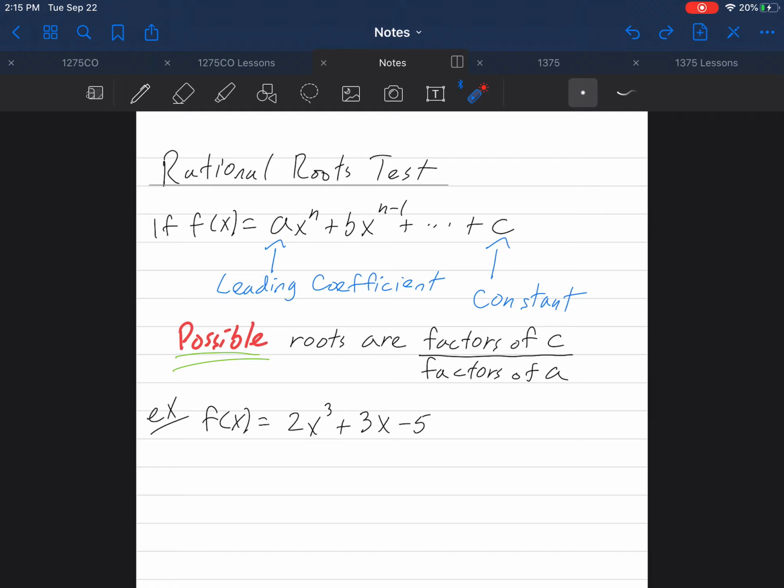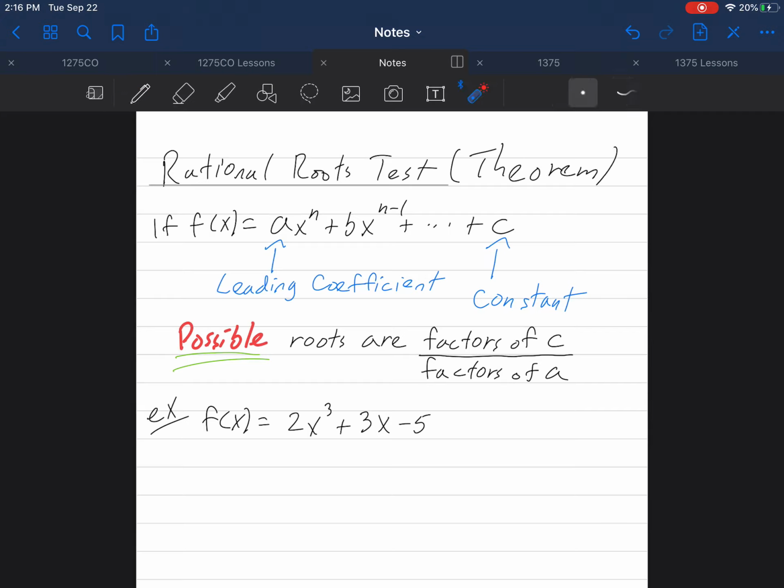If we are looking for roots, we're looking for locations where the graph of this polynomial crosses the x-axis, or the solutions when this equation is set equal to 0. This is called the rational roots test, also known as the rational roots theorem.